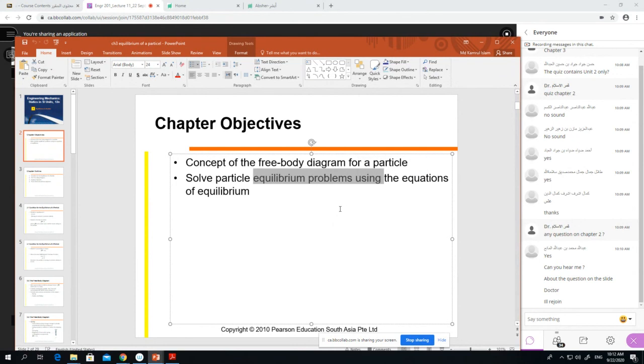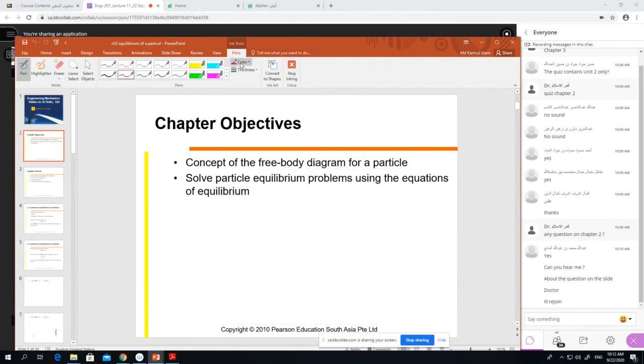If you are going to be an engineer, anywhere, you will use the free body diagram all your life. In short, we write FBD, meaning free body diagram, and solve particle equilibrium problems. Equilibrium is also important.